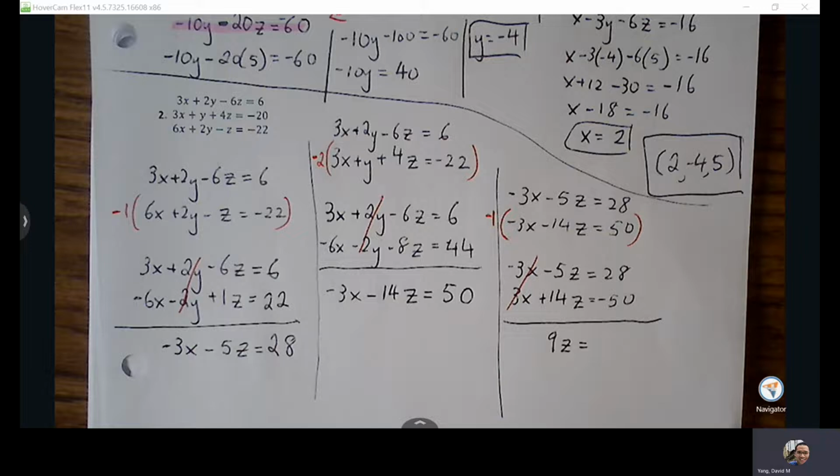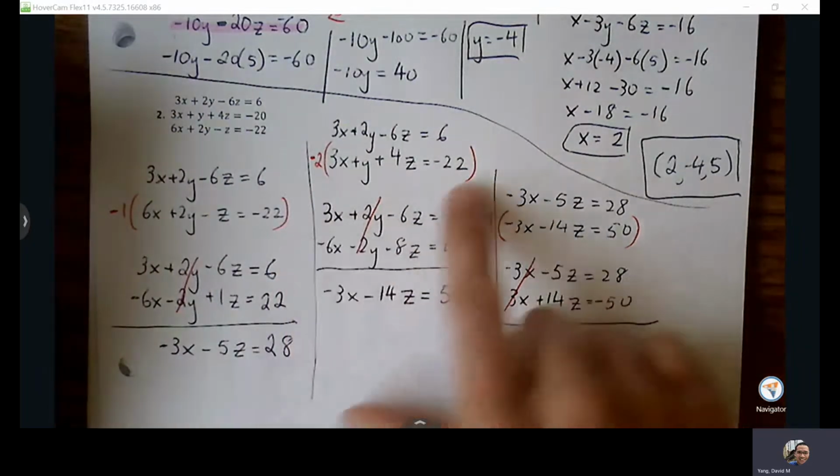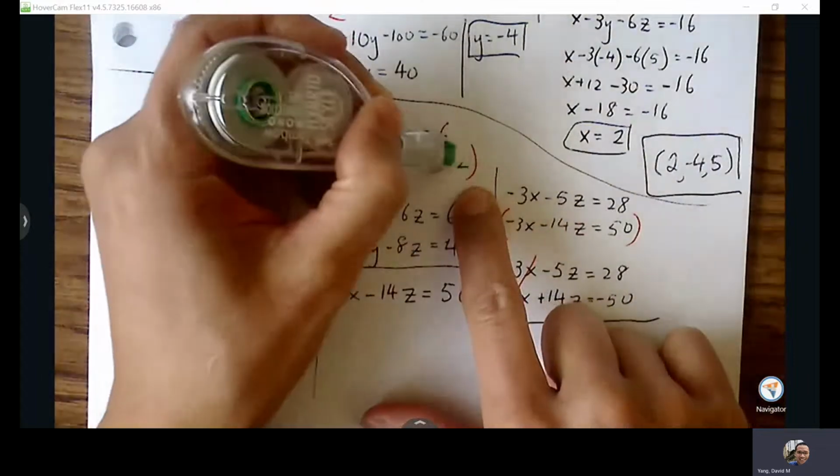Second row, isn't it supposed to be 3x plus y plus 4 equals negative? Yes, that's okay. Sorry, I was looking at the wrong column. I was wondering why I couldn't get my numbers to work out. Thank you. This one should be -3.